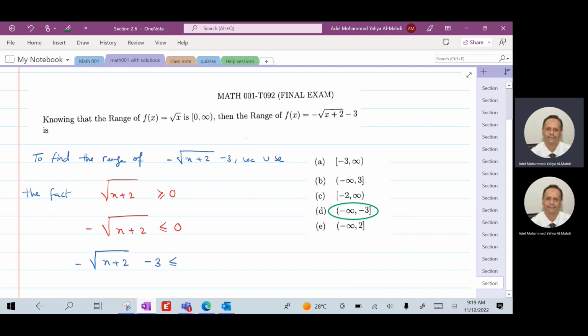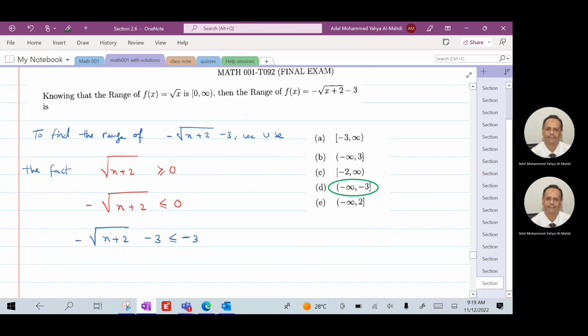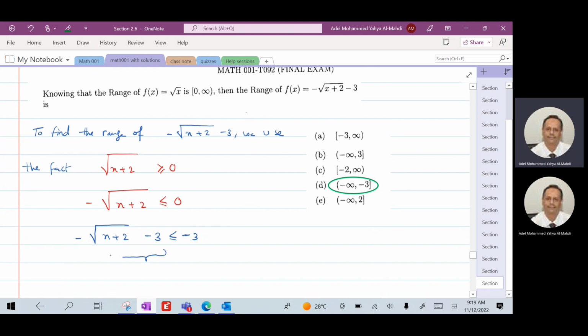This is our y, or our f. Then y is less than or equal to minus 3, and we know the range is y. So the range is from minus infinity up to minus 3. This, without a graph, is much easier than the graph technique.